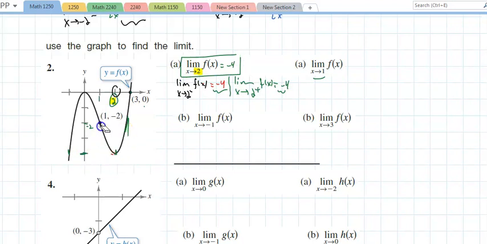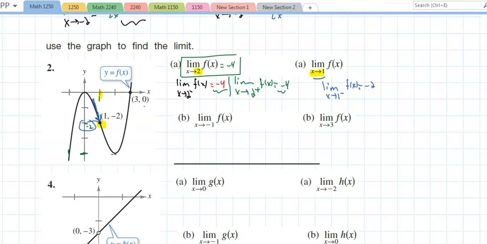Now, I do the same thing for 1. X equal 1 is right there. The limit as x approaches 1 from the left, coming from the left, doesn't y level off next to negative 2?